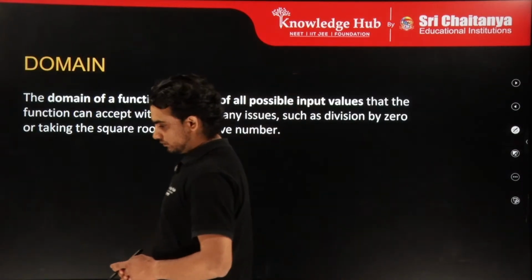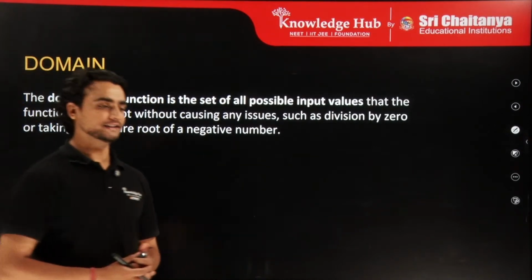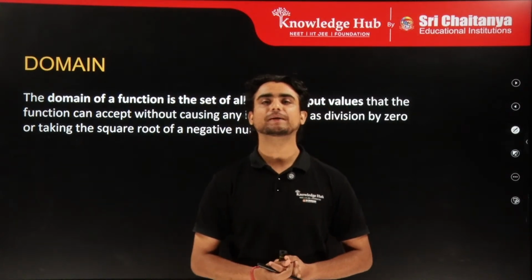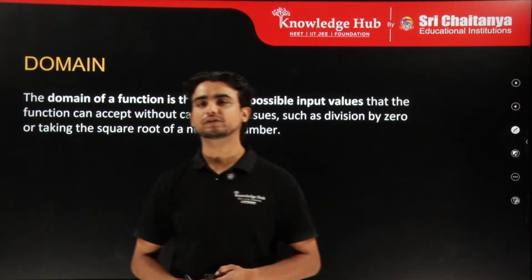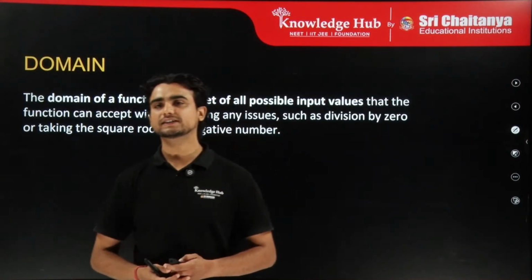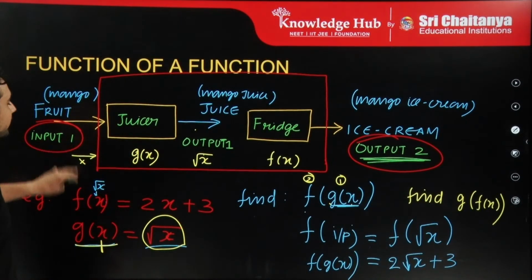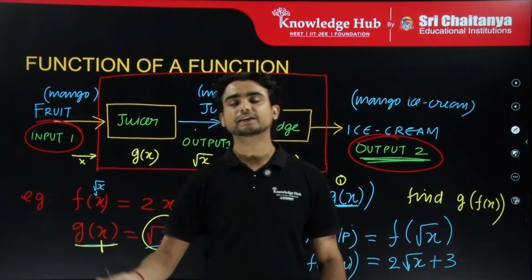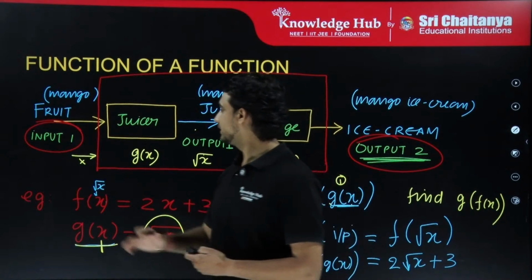Now we'll come to the next topic, that is domain and range. Okay, so what do I mean by domain and what do I mean by range? Let's go back to that analogy which we were talking about. What are the possible input values I can give? Suppose I have a juicer.